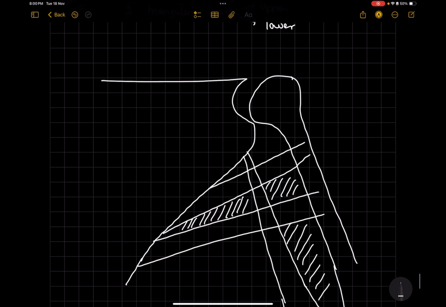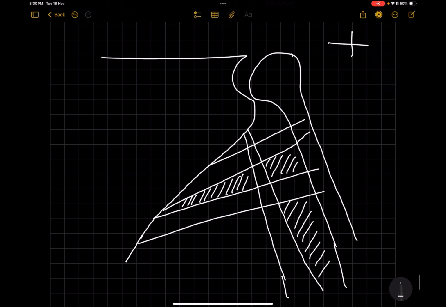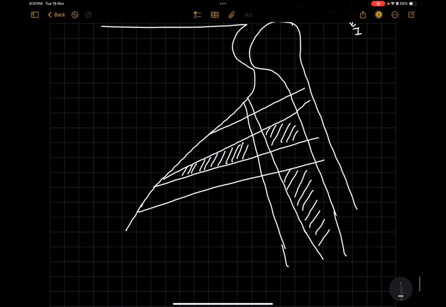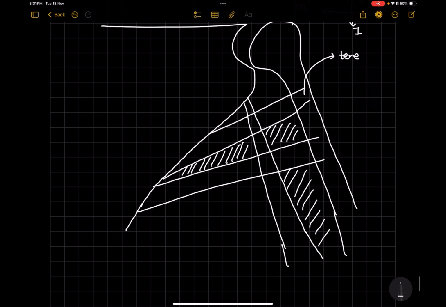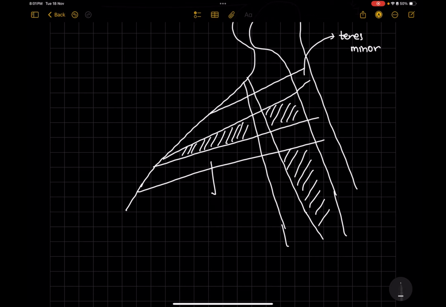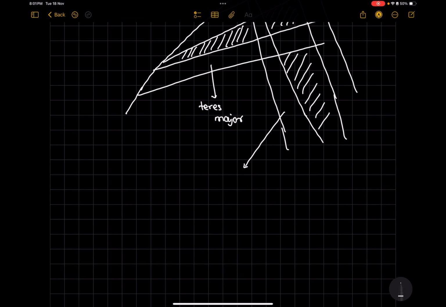Let's give direction first. This is your medial, this is your lateral, this is your anterior, this is your superior, and this is your inferior aspect. Let's name these muscles. This is your teres minor, below teres minor you have teres major, and this is your long head of triceps, no need to add brachii.